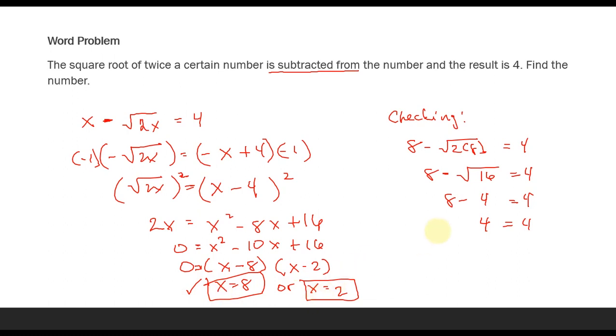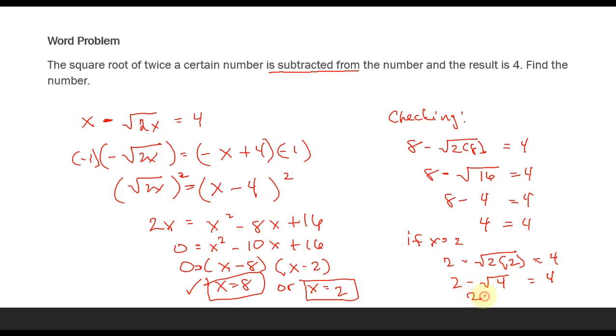What about 2? Let's try this out. If x equals 2, we're going to have here 2 minus square root of 2 times 2 equals 4. So 2 minus square root of 4 equals 4.